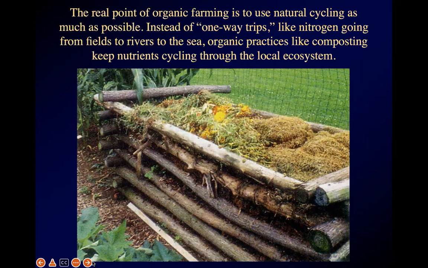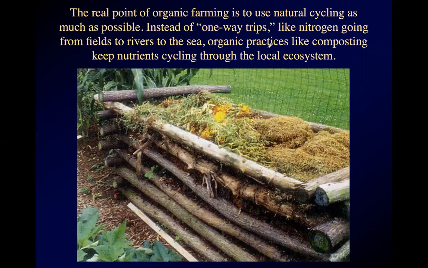But the real point of organic farming and organic gardening is basically to take this one-way flow of nutrients and bend it around in a circle and use all these cycles that we've talked about as much as possible.